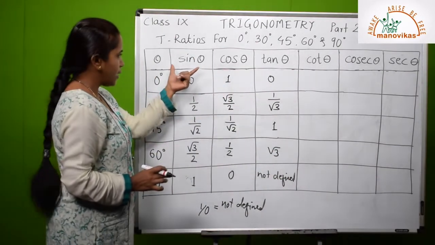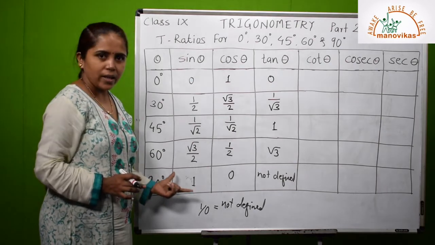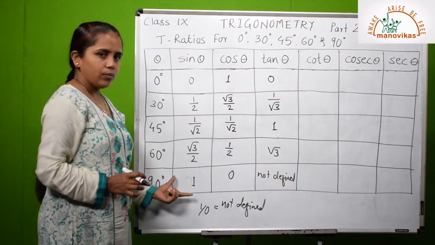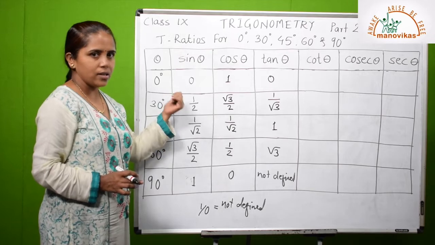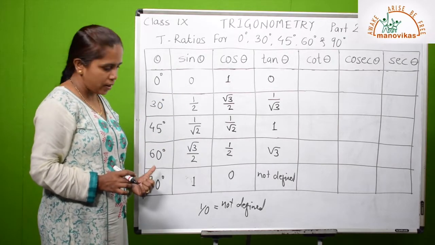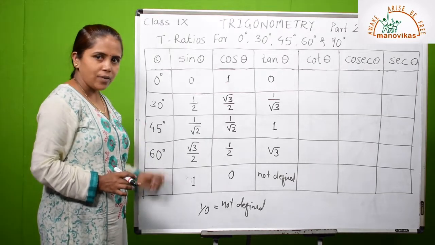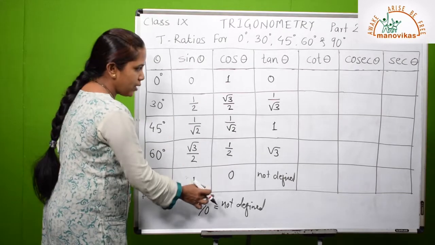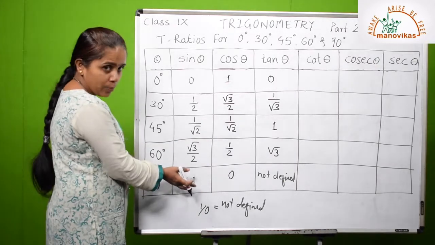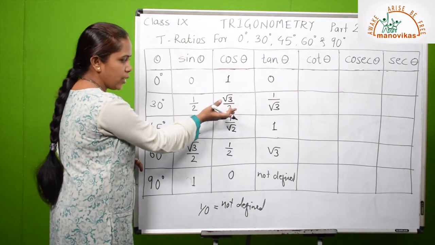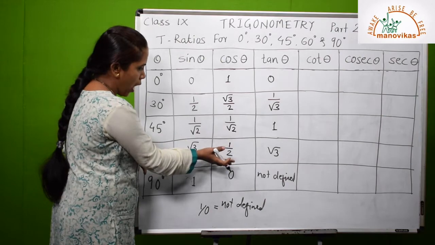Understood? First write down the ratios for sine theta. All the values of sine theta, that is sine 0, sine 30 degree, sine 45 degree, sine 60 and sine 90 degree. Those same values write in opposite direction, starting from the bottom. So 1, root 3 by 2, 1 upon root 2, half and 0.